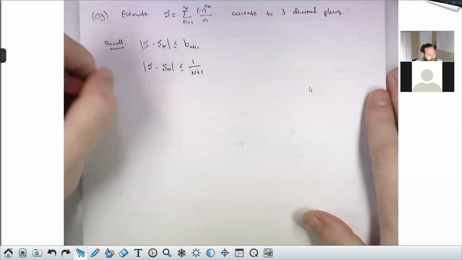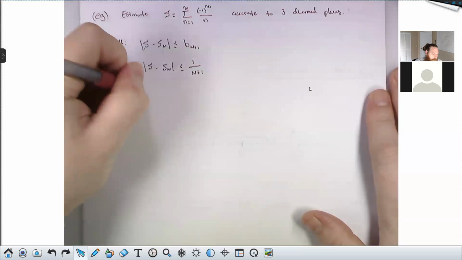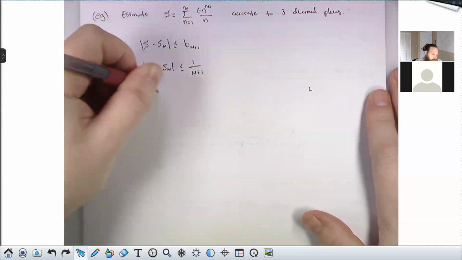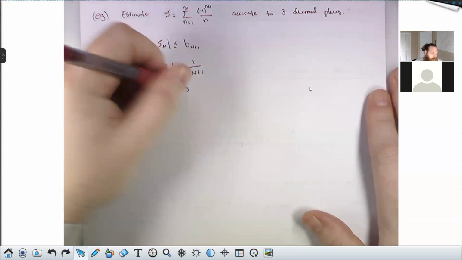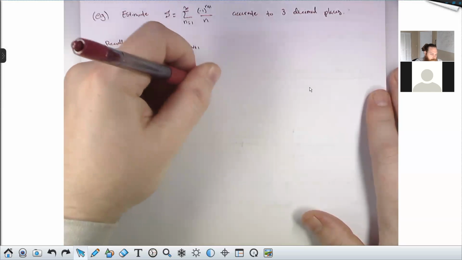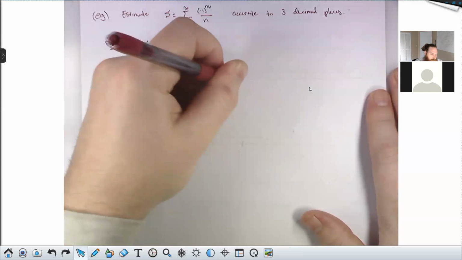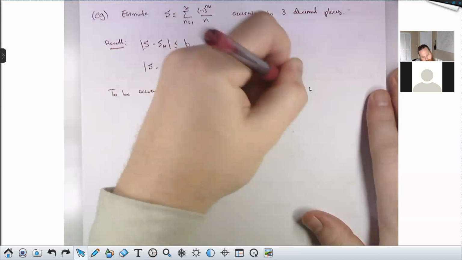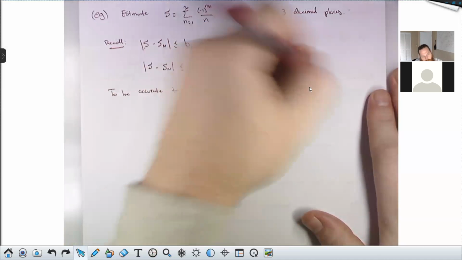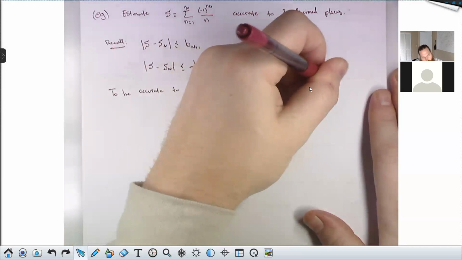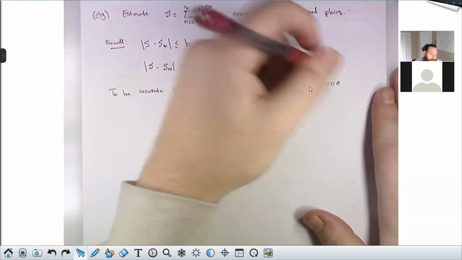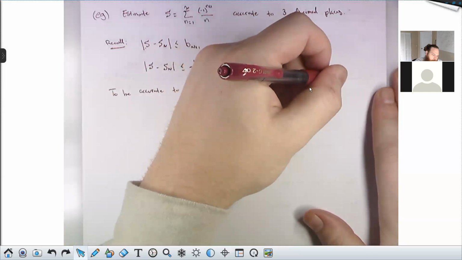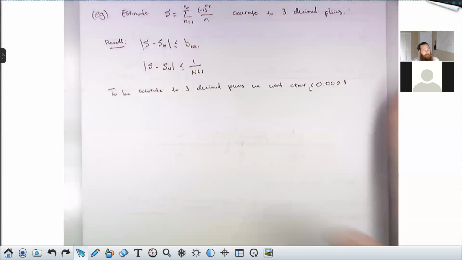To be accurate to 3 decimal places, we want the error to be less than, let's say, 0.0001.